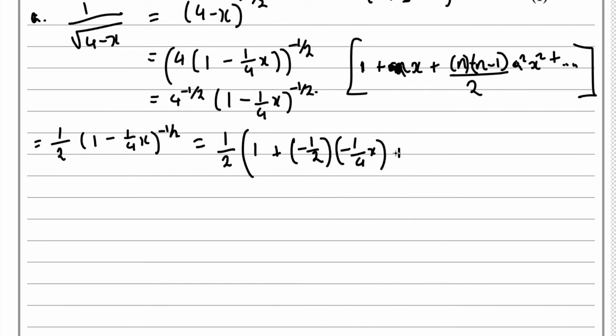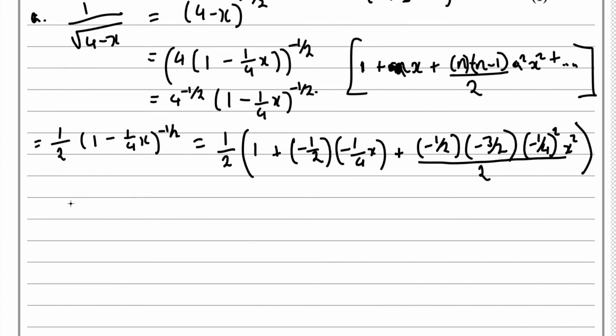And that's added to n, which is minus a half, multiplied by n minus 1, which is minus 3 over 2, multiplied by a squared, so minus a quarter squared, multiplied by x squared over 2 factorial, in other words, 2.